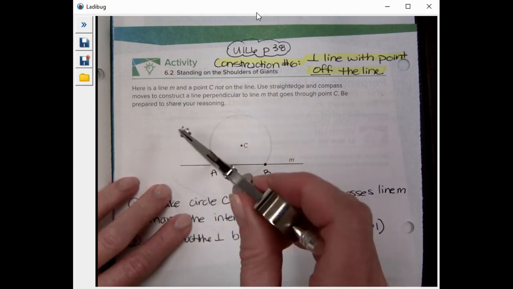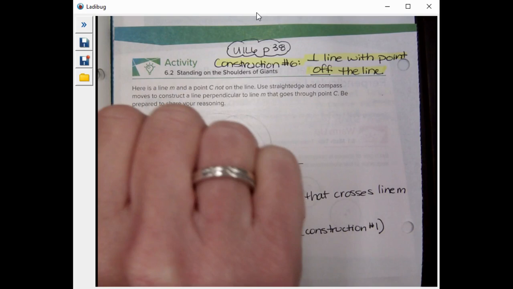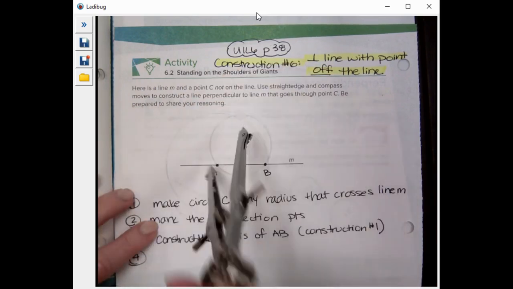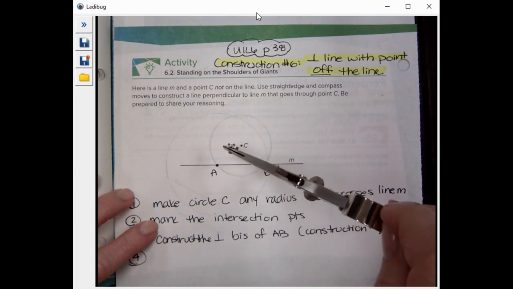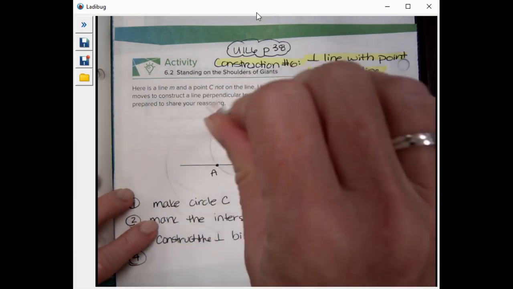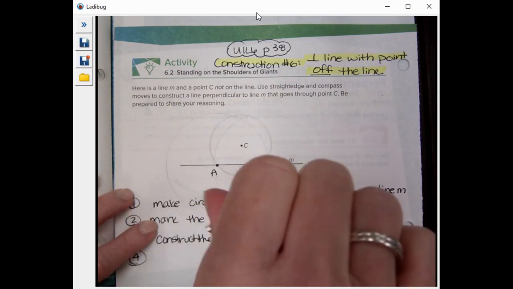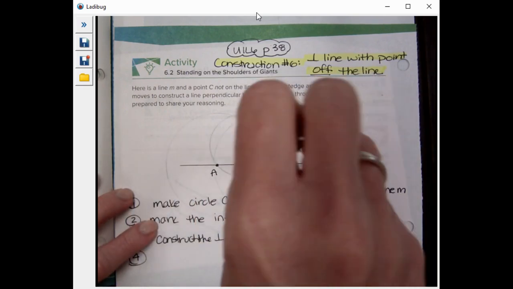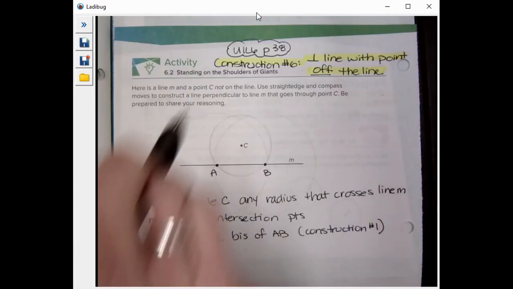So let's do our big circle at A. Keeping my radius the exact same distance, let's do our big circle at B. And our circles have intersected in 2 places.